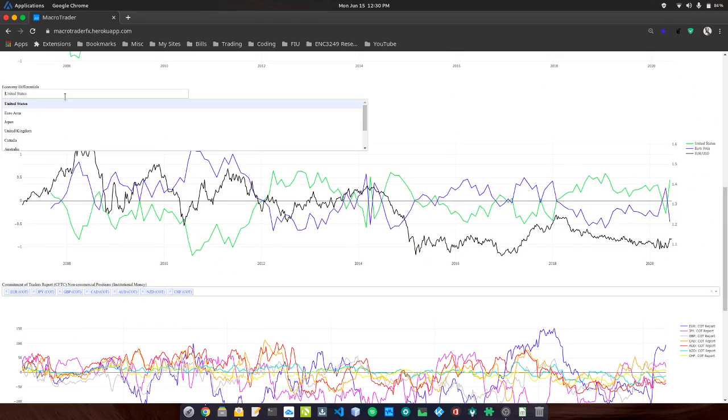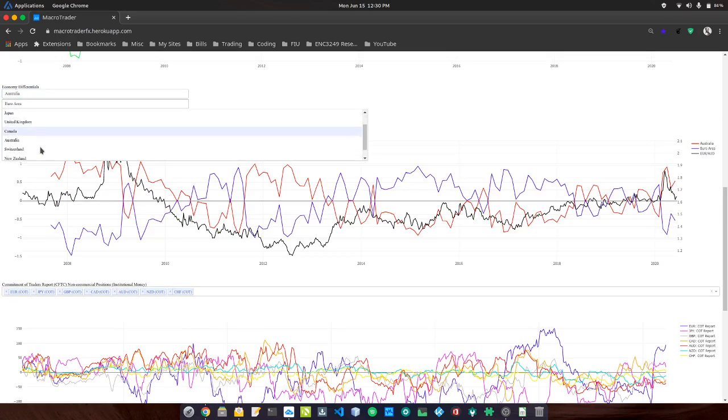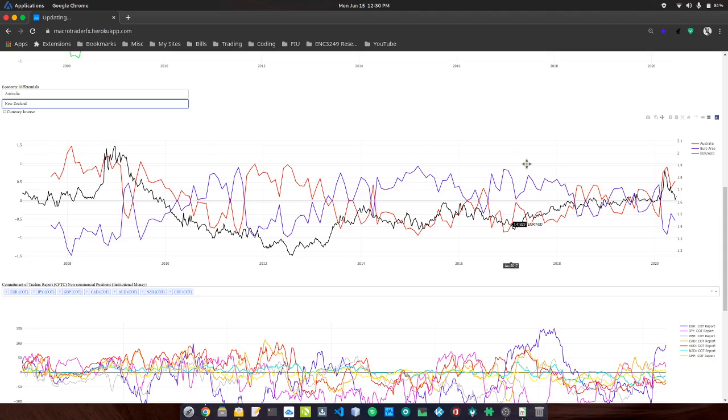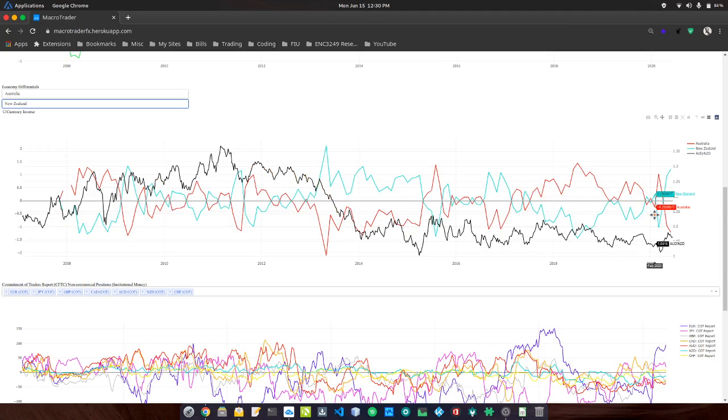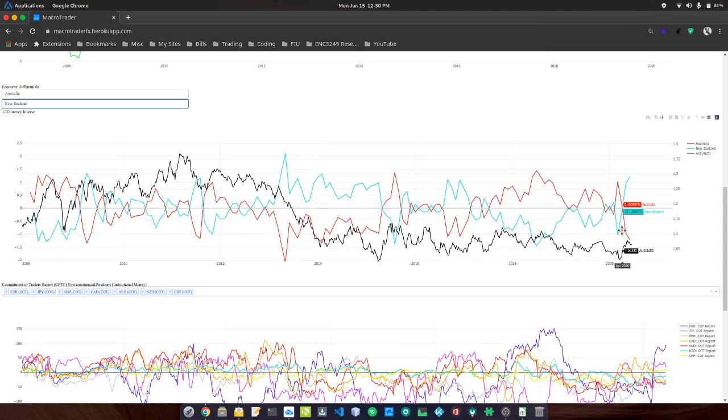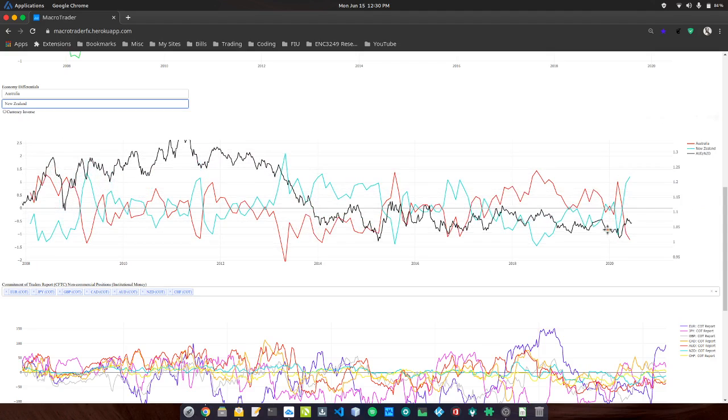We can see this. But we're going to look at the Australian dollar and New Zealand dollar. I really like the setup on this pair. So you can see that the New Zealand economy is doing far better than the Australian economy. And they have not even begun to converge again in this helix.